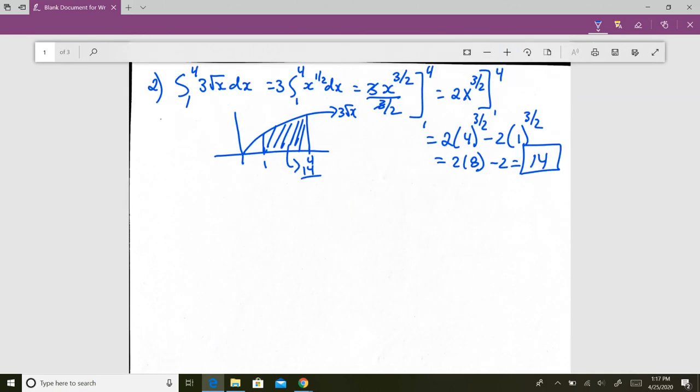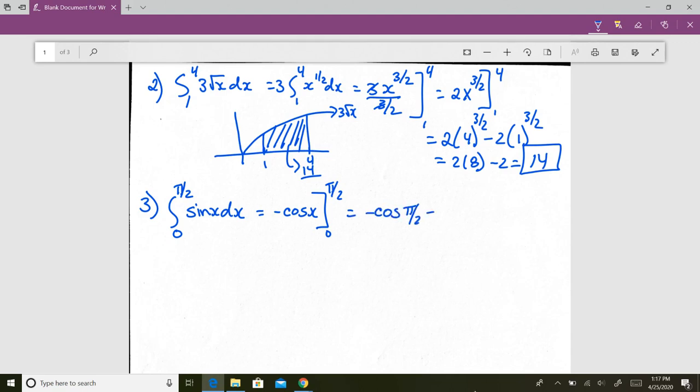All right, number 3. Do a simple trig one here. 0 to pi over 2 of sine x dx. So essentially, what's the integral of sine? Well, negative cos x evaluated from 0 to pi over 2, which is negative cos pi over 2 minus, watch your signs. This is the only time it can get tricky. It's always subtracting, but there's already a negative on the cosine.